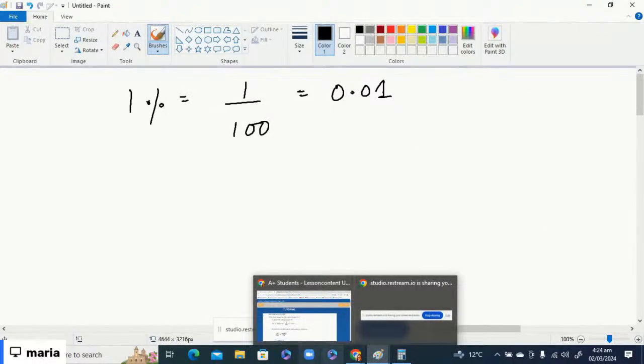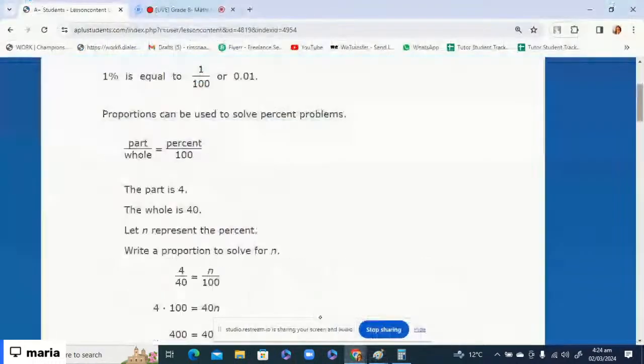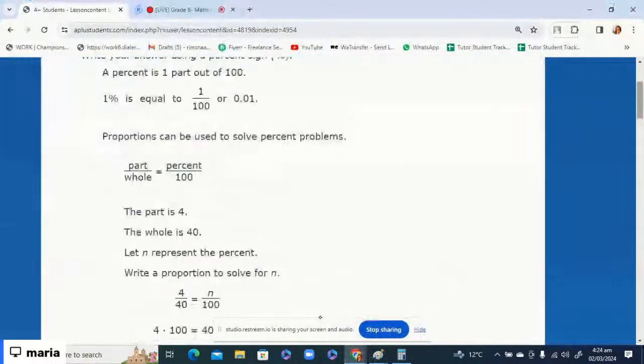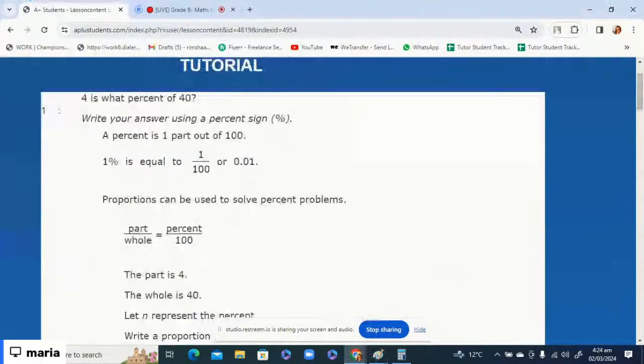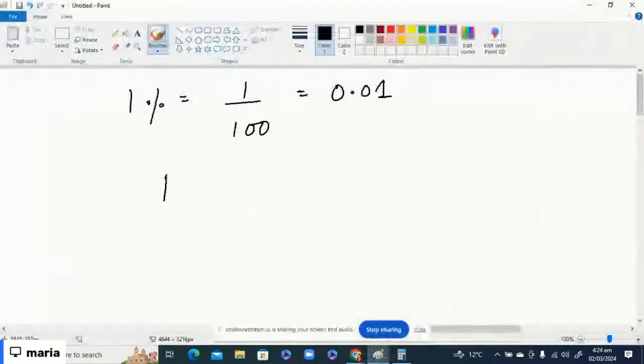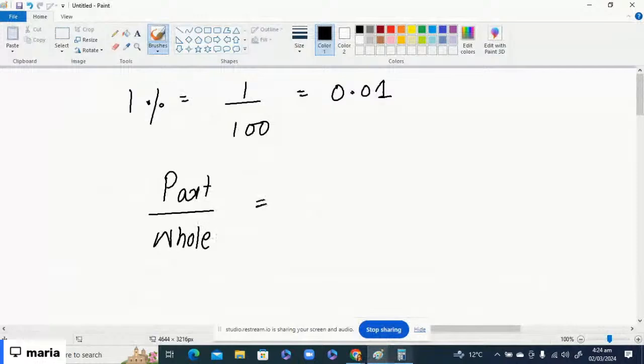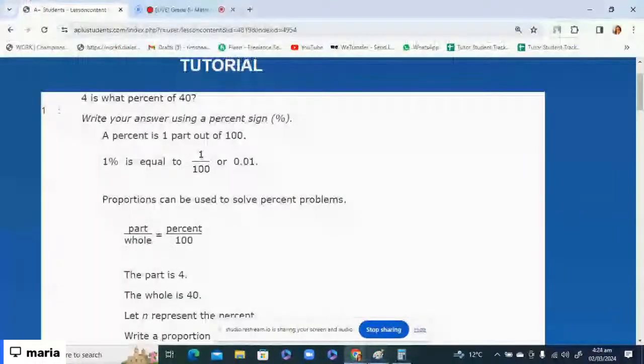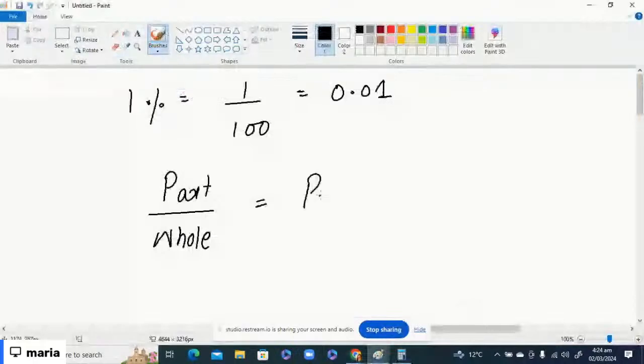Now let's check. They are saying that 4 is what percent of 40. So we are going to check it out. This is the formula: part over whole is equal to percent over 100.